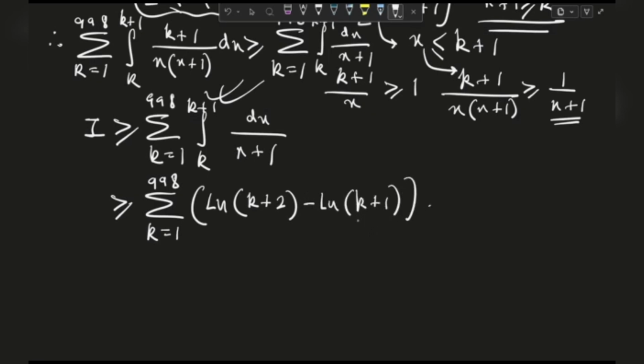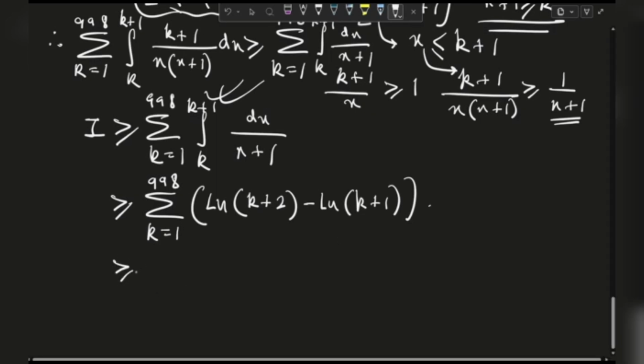Something similar to the previous thing will happen, and this will actually become greater than or equal to ln 500.